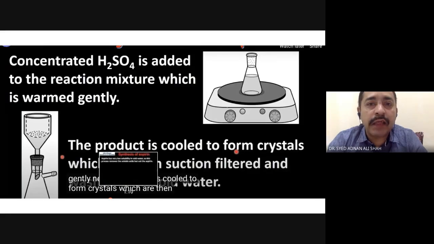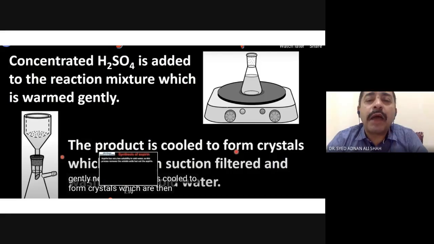Sulfuric acid will accelerate the reaction and it forms this aspirin, right? As you see in the video, during the synthesis, aspirin is generally insoluble in cold water. Am I right? Yes, doctor. Yeah, cold water, right?